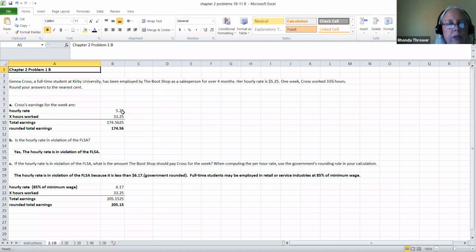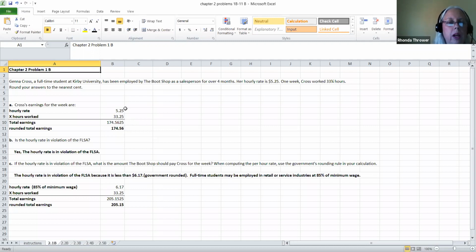If you multiply 5.25 times 33.25, it will give you total earnings of $174.5625. Remember our rounding rules. You take it out 3 places, and if the third decimal place is 5 or more, you round it up. But since the third decimal place is a 2, which is less than 5, we keep it at $174.56.